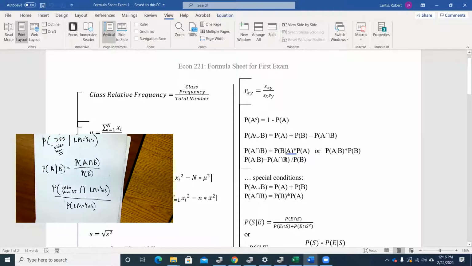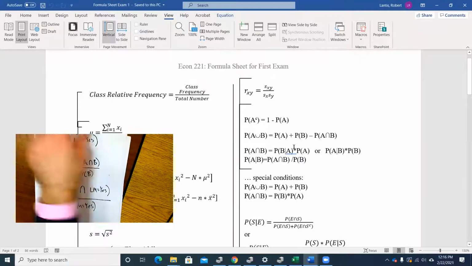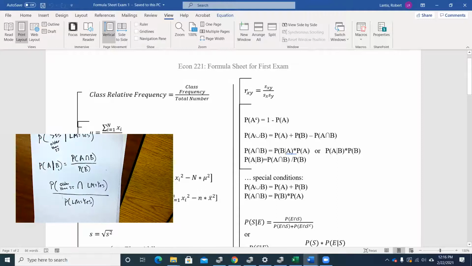So if we have our formula sheet, over here on the right-hand side, the conditional probability is the probability of the intersection of these two events divided by the probability of what we're conditioning on. Okay? So that's how I got the general form of the equation to solve for the conditional probability of A.